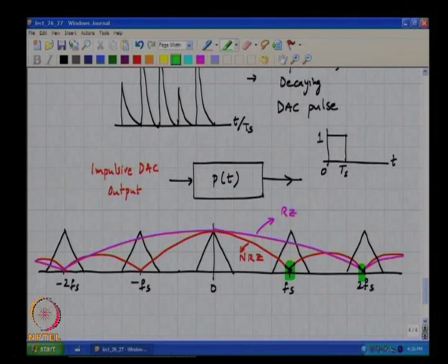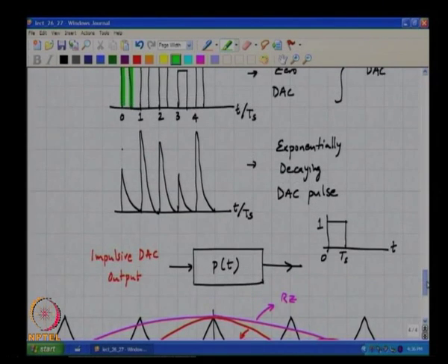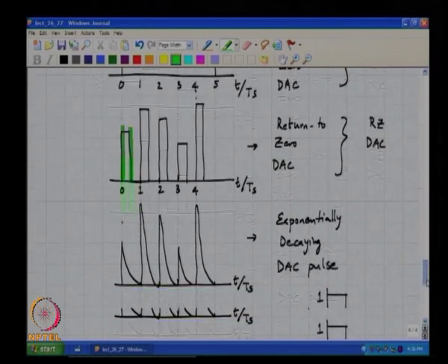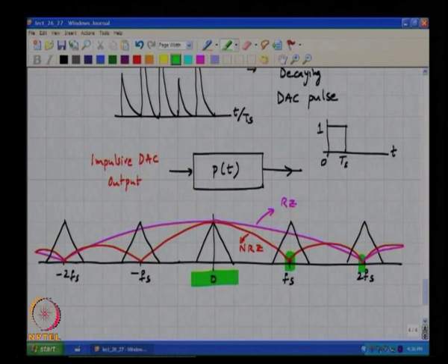So, all that I want to say is that the choice of pulse shape, within the signal band at low frequencies, whether you choose NRZ or RZ, at low frequencies it does not matter.